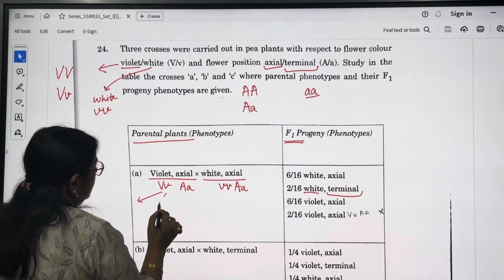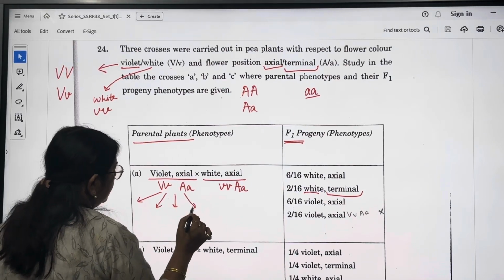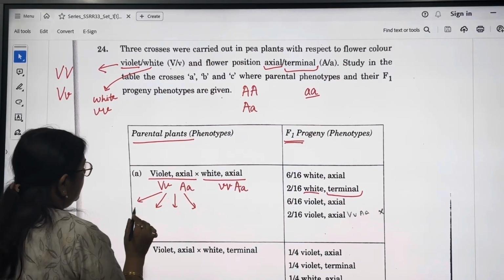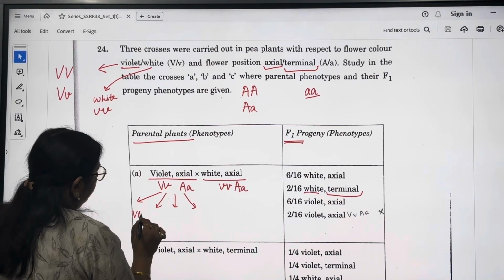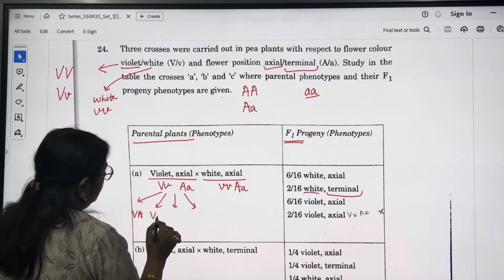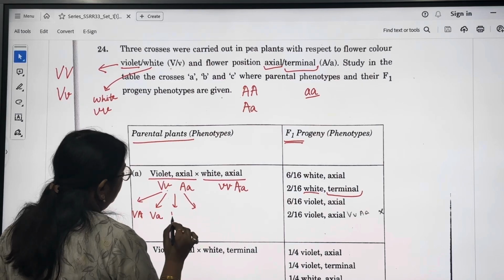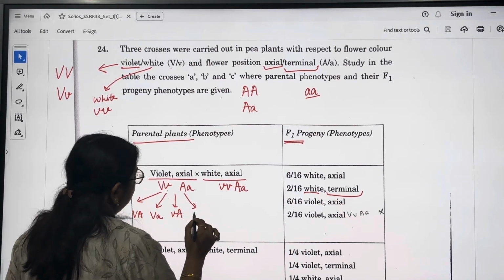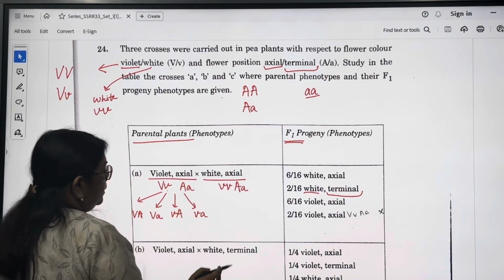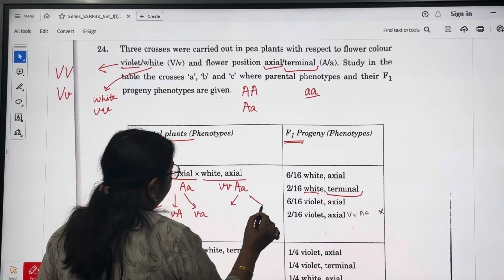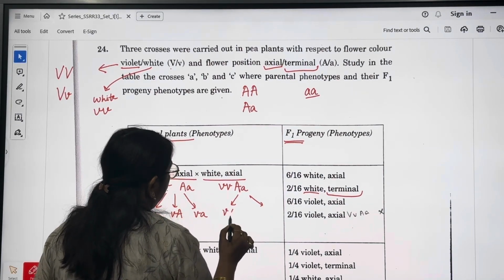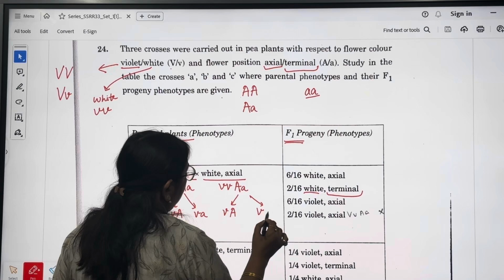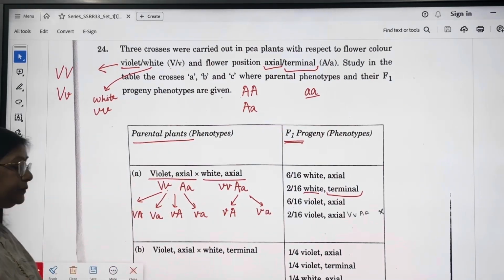Now, the gametes produced by the violet flowers are capital V capital A, capital V small a, small v capital A, and small v small a. Whereas only two types of gametes will be produced here: small v capital A, and small v small a.